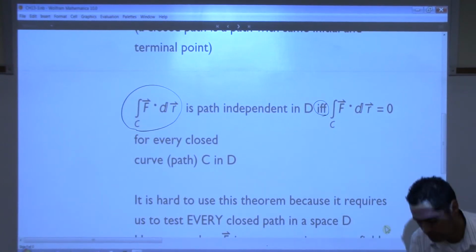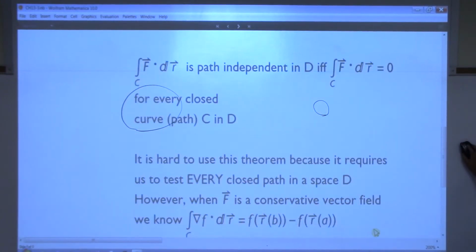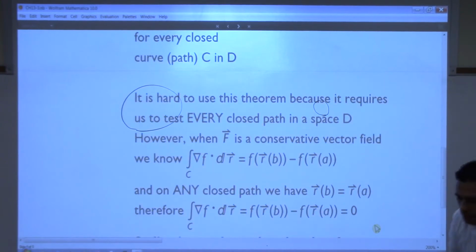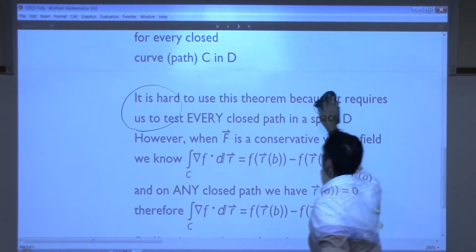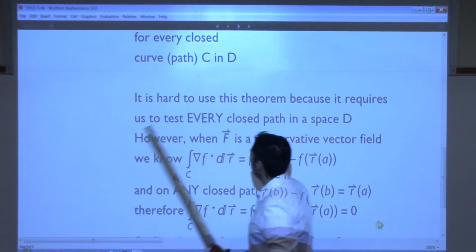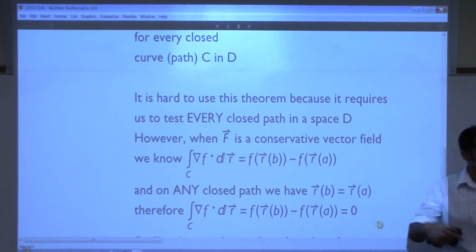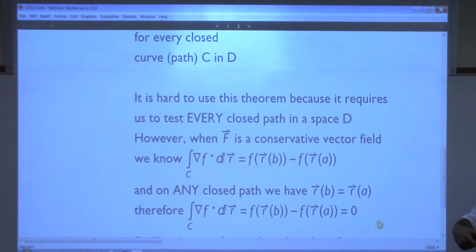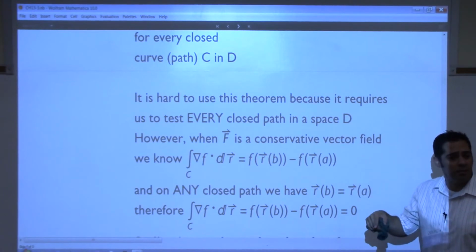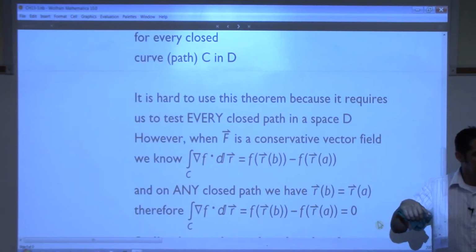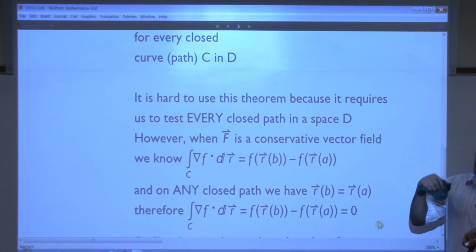But if we think about it, if that vector field F is conservative, then we know that the answer to that line integral is the two endpoints subtracted. And on a closed curve, the starting and ending points are the same.